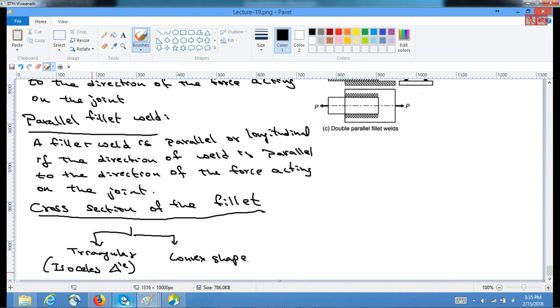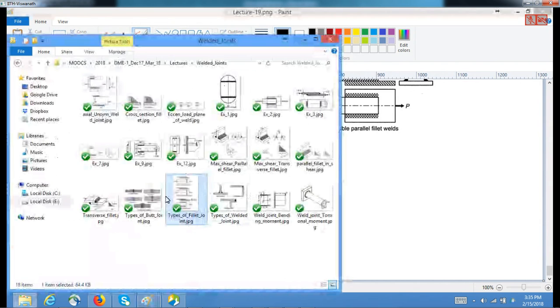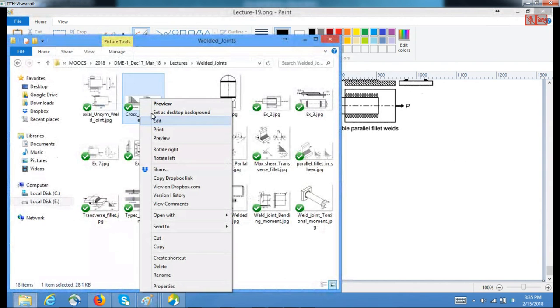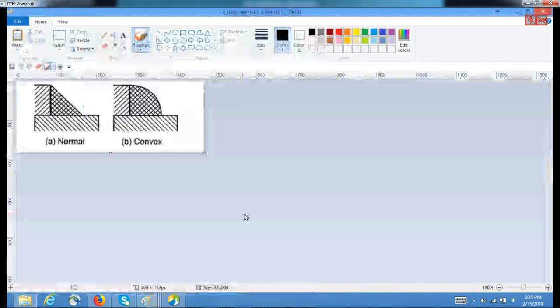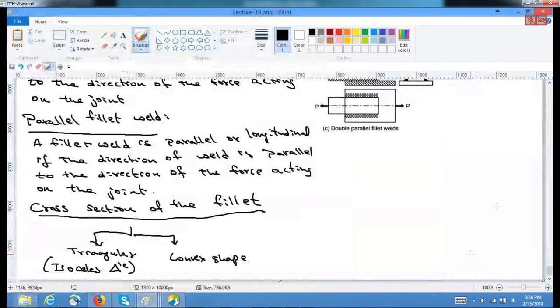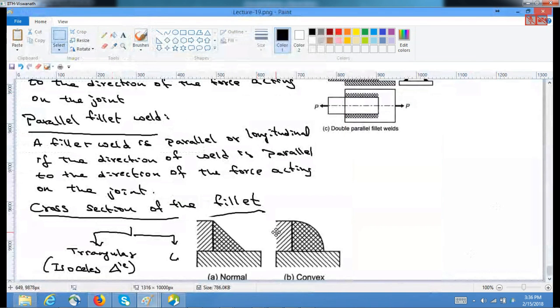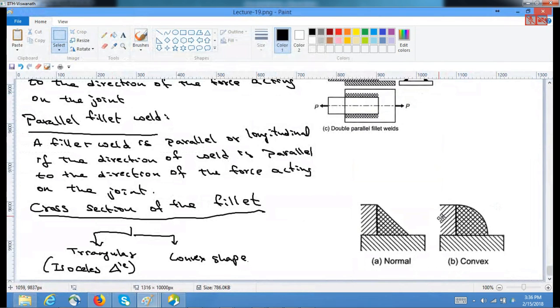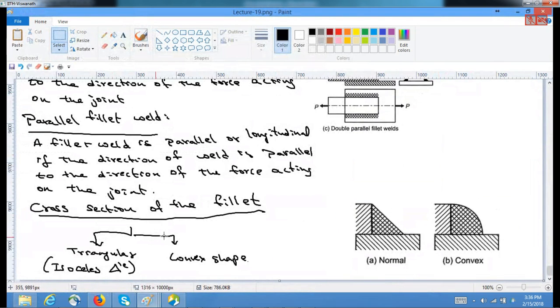So the normal or triangular is this kind of thing, and the convex shape would be rounded in this manner.